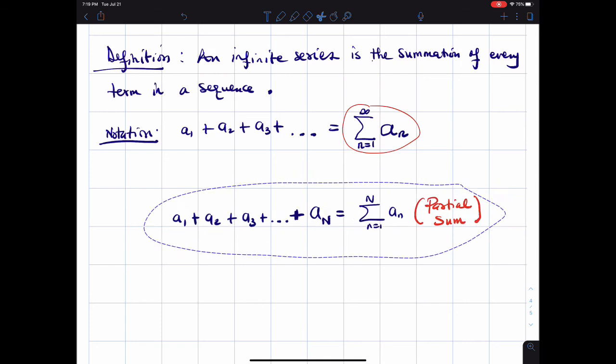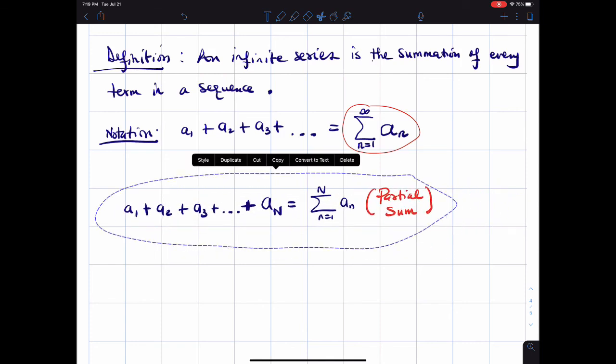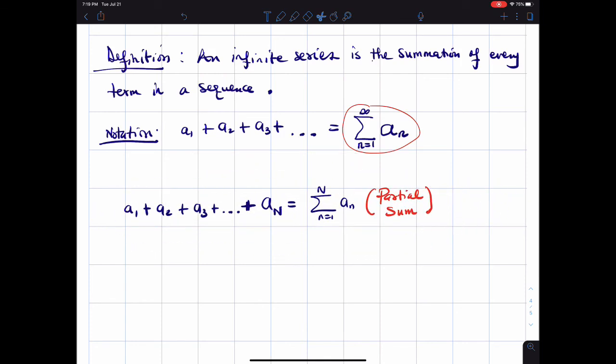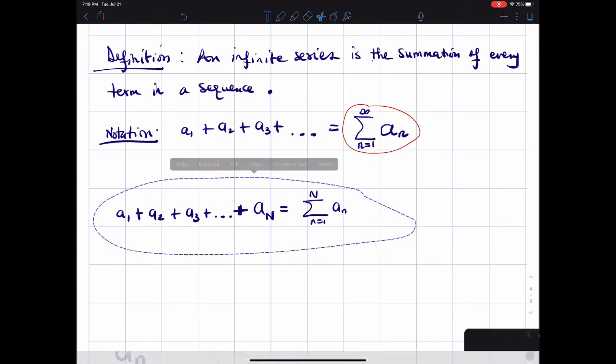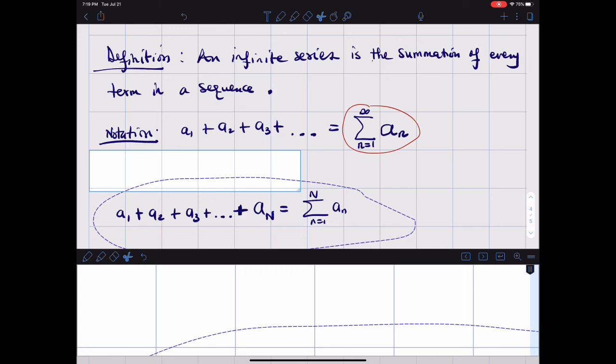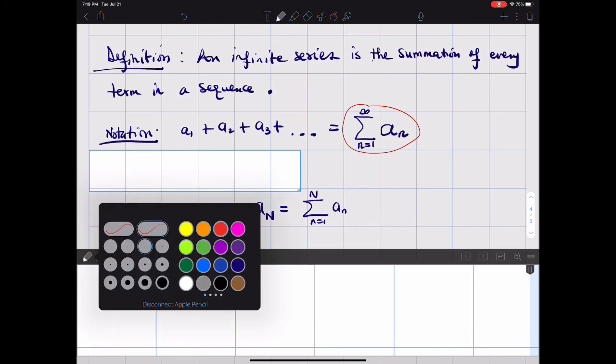Okay. Maybe I should make a definition. I always like to make a definition. Okay, so let me put it here. Another definition.